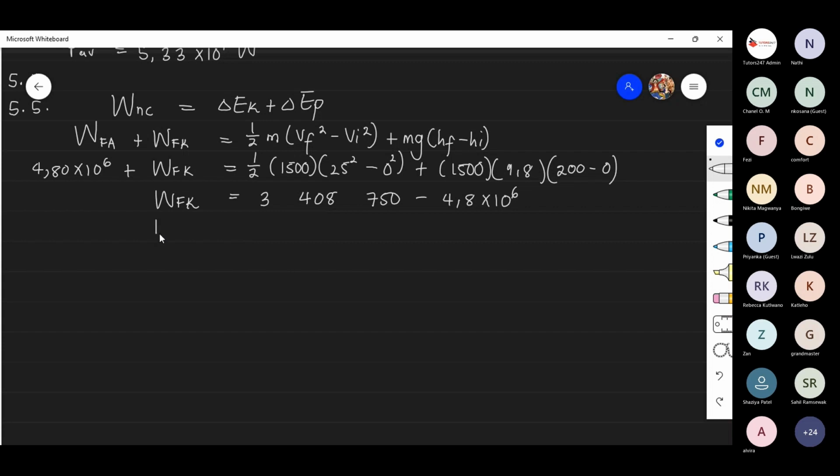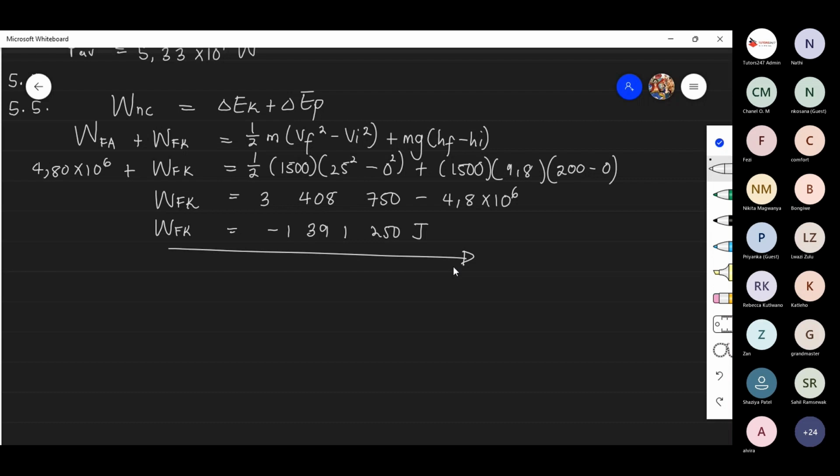And you should get the work done by kinetic friction as negative 1, let me see, 1, 2, 3, 1, 2, 3. So negative 1,391,250 joules. Keep in mind, we're calculating work, so our answer must be represented in joules.